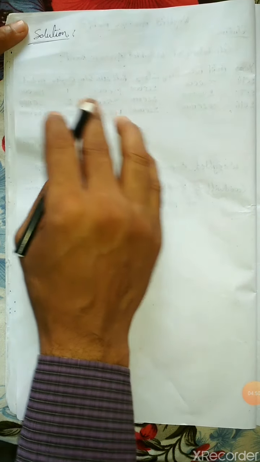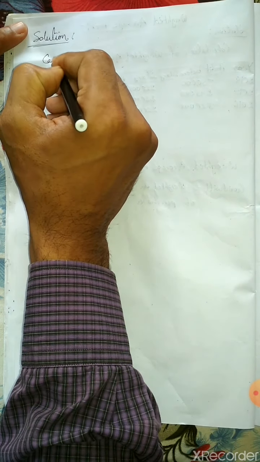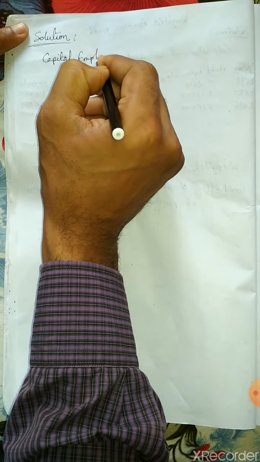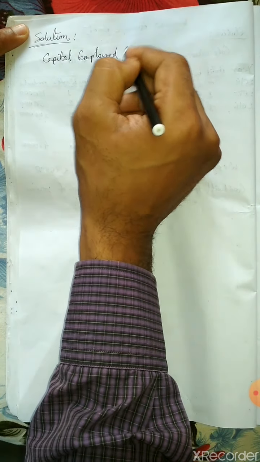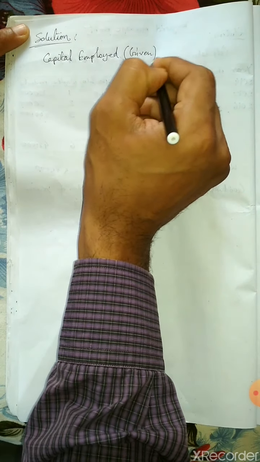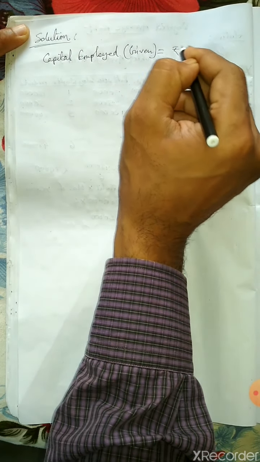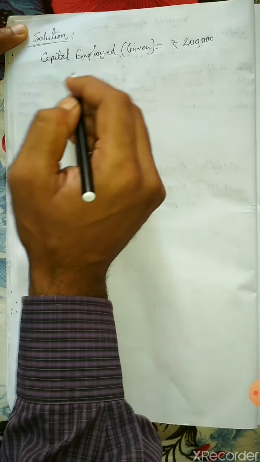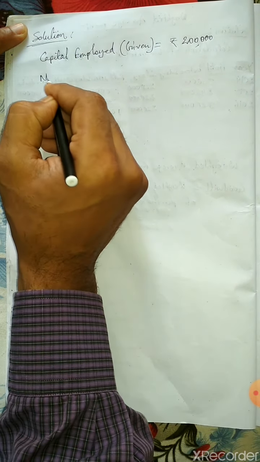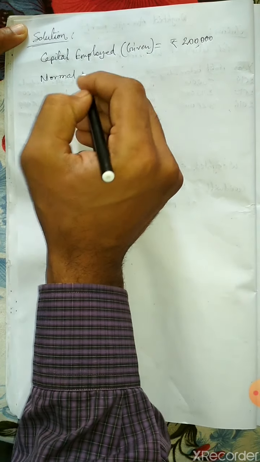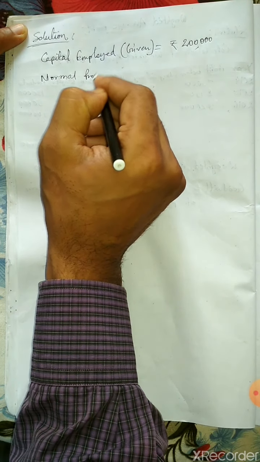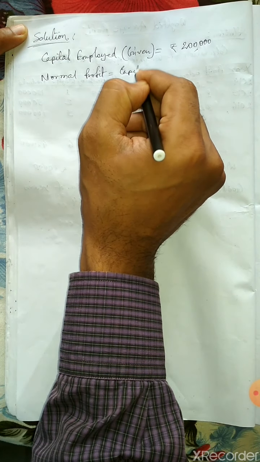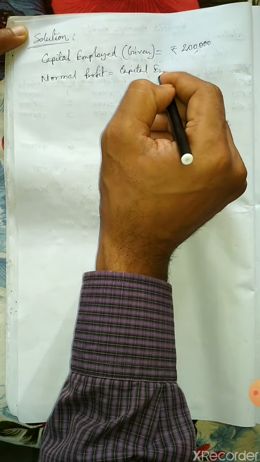So capital employed is given already, so I will just write it for your convenience. Capital employed is given rupees 2 lakh. Again, normal profit is not given. It will be calculated using capital employed and normal rate of return.